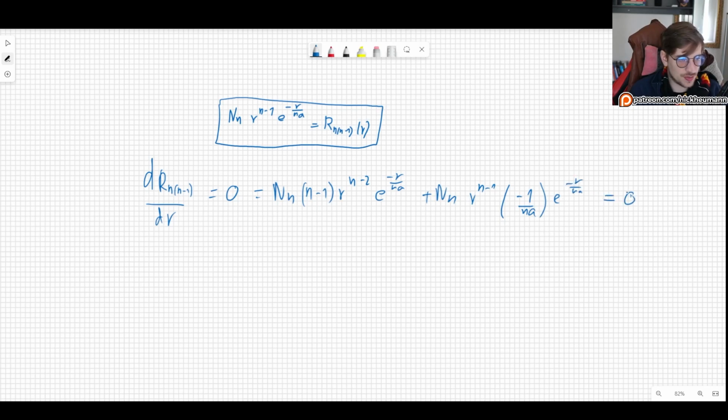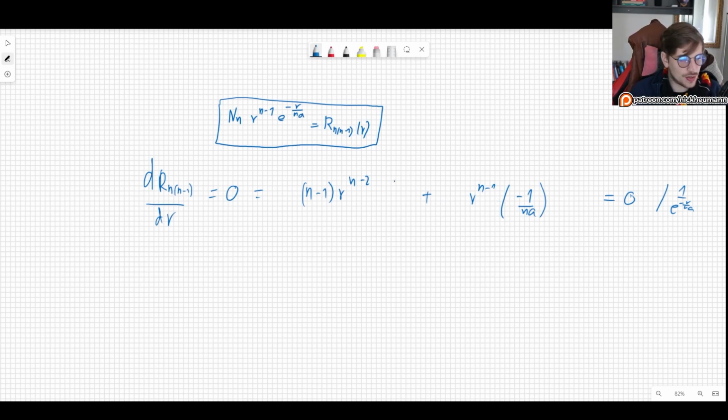This has to be equal to 0, and that means we can divide by this exponent, because that's not going to be 0, so that's not any of our concern at the moment. We can also get rid of this normalization constant. It cannot be 0, so we don't have to worry about it.